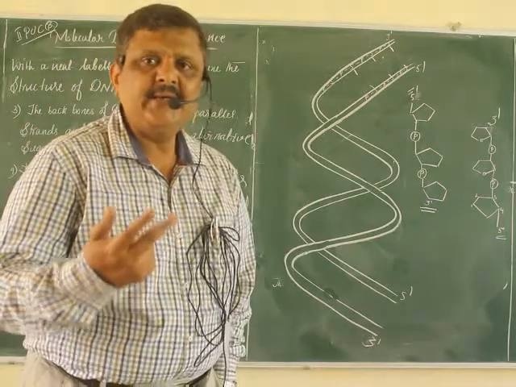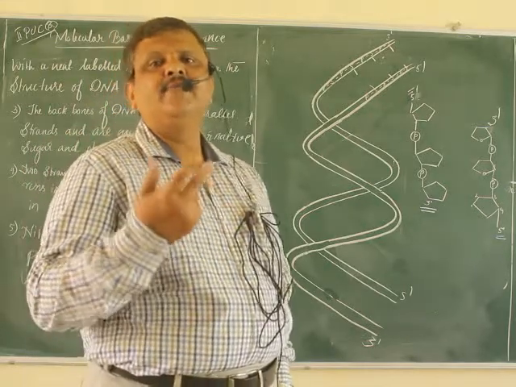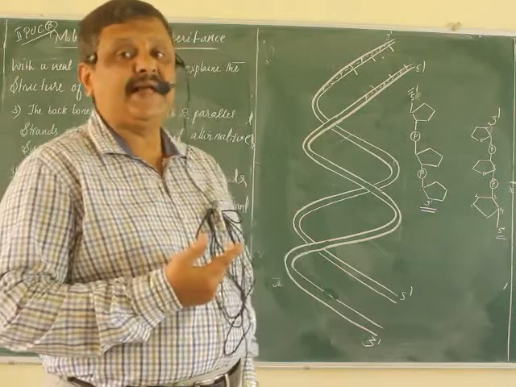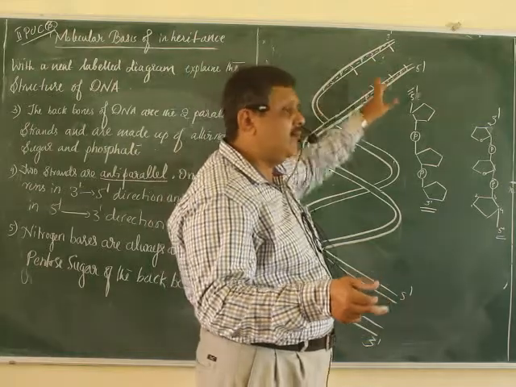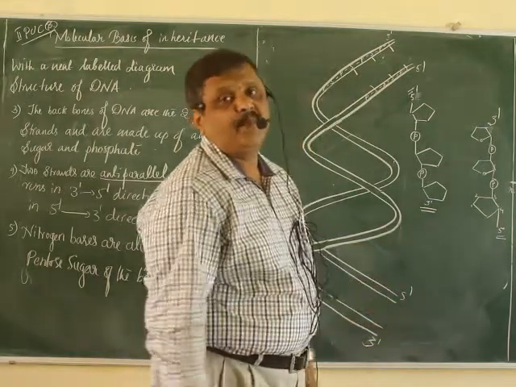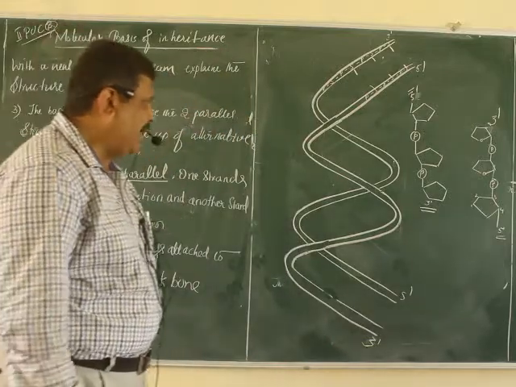Third point is there are two DNA strands which run anti-parallel to each other. Why anti-parallel? Because one runs in the 3' to 5' direction and another runs in the 5' to 3' direction. So it is anti-parallel movement.